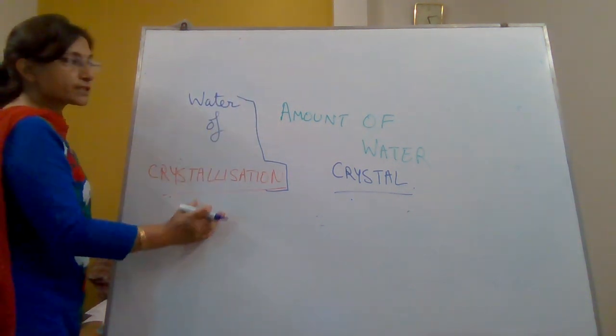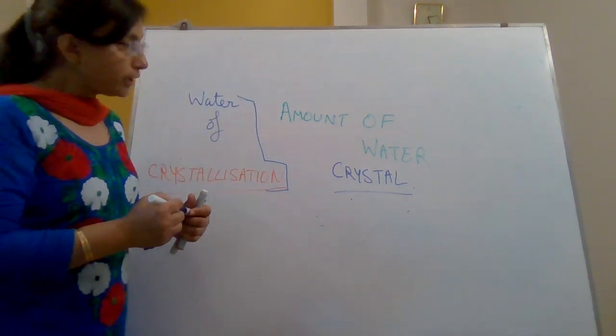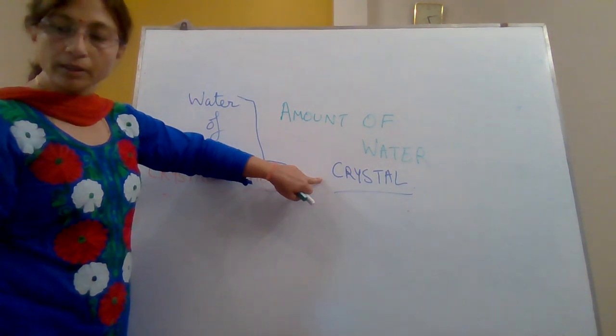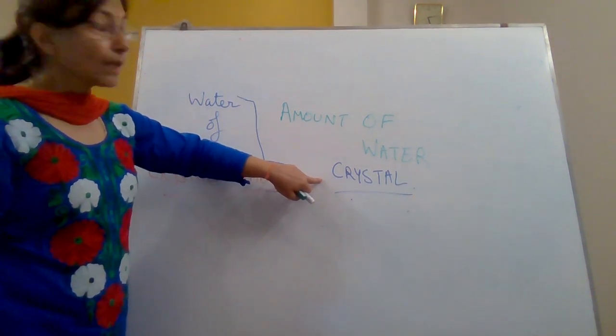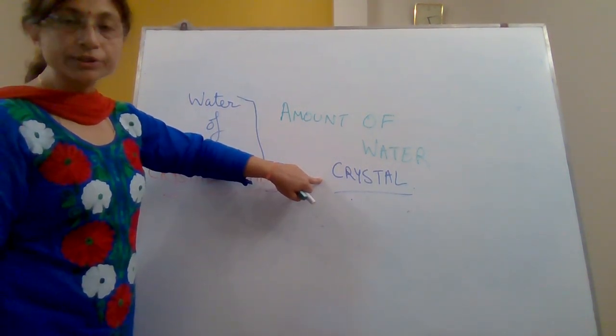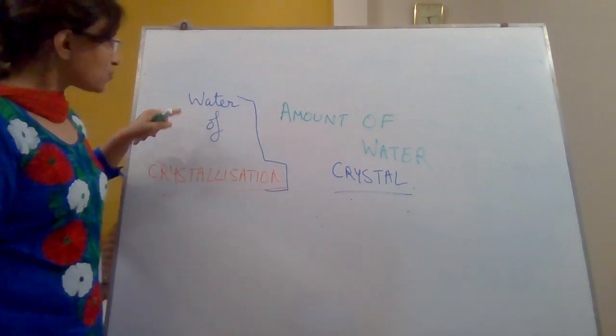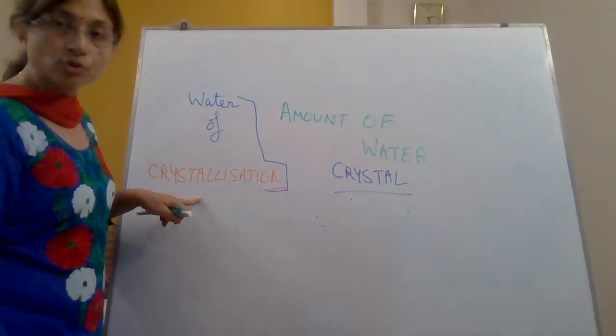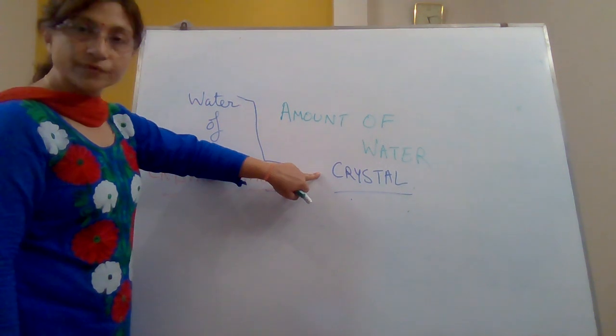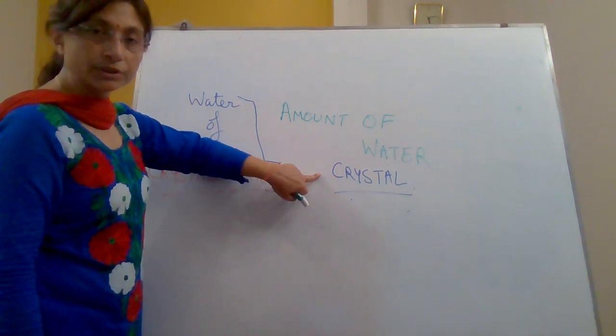So water of crystallization is the amount of water which is present inside the crystals. Now this water is very important. Why? Because if this water of crystallization is not there, the crystals will not have any geometrical shape.